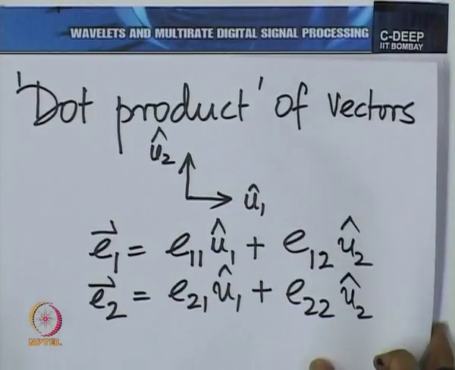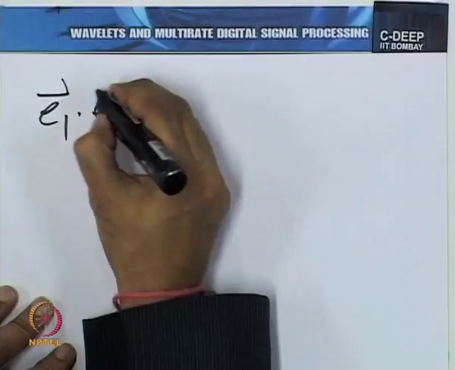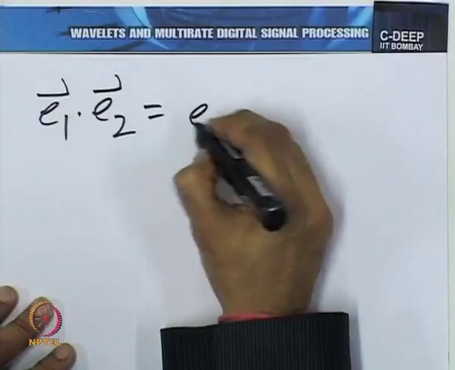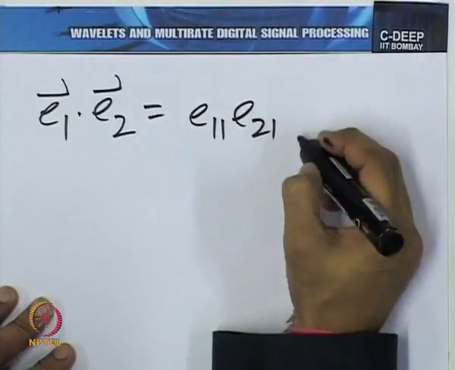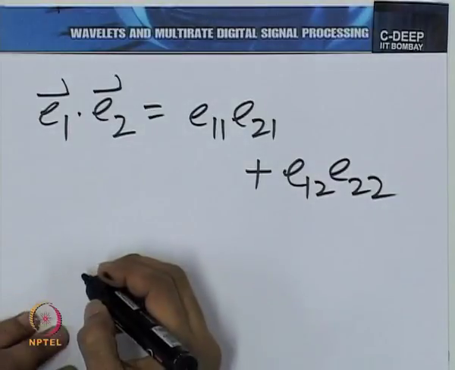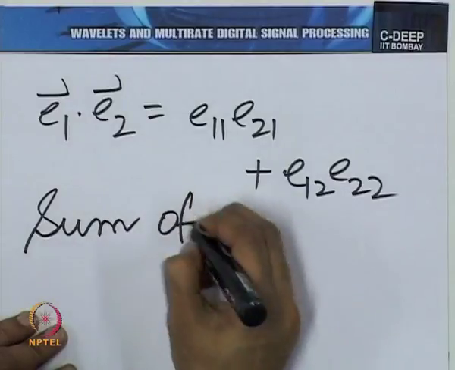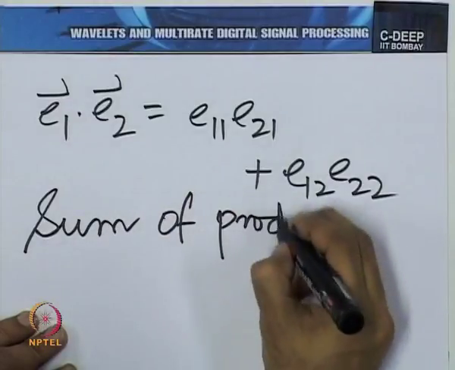Then the dot product of E 1 and E 2, E 1 dot E 2 as we write it, is essentially E 1 1 E 2 1 plus E 1 2 E 2 2. So, it is the sum of products of corresponding coordinates.